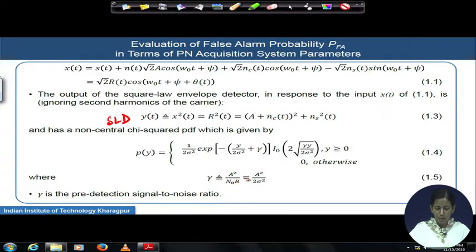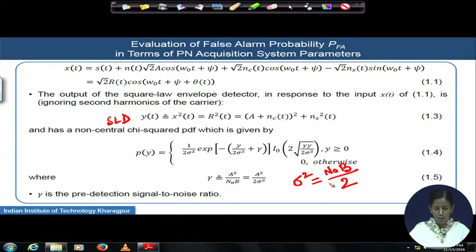So, gamma is written as the energy of the signal divided by N0 into B. Remember, we have already seen that sigma square, which is the variance of the noise added, is given by N0 into B by 2.